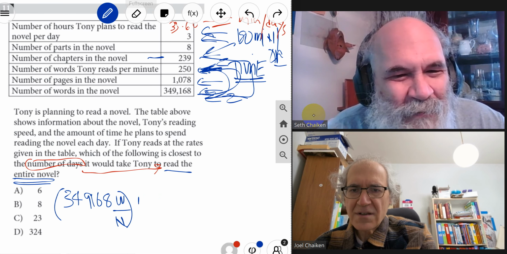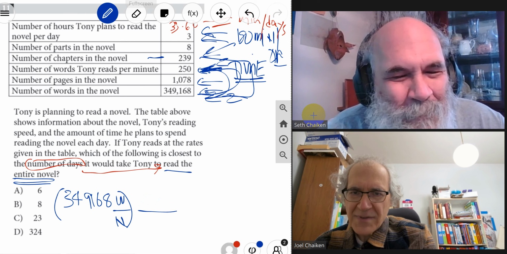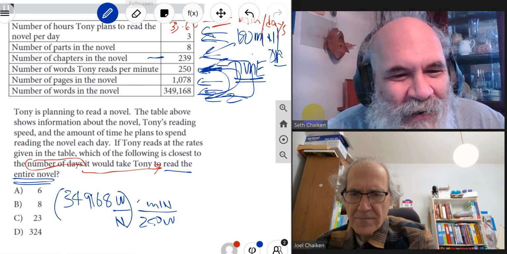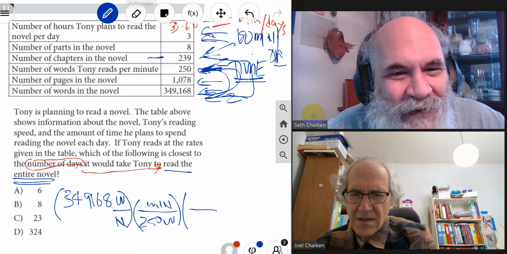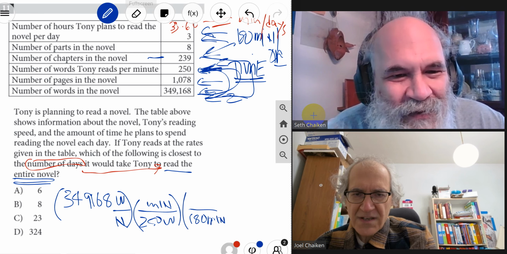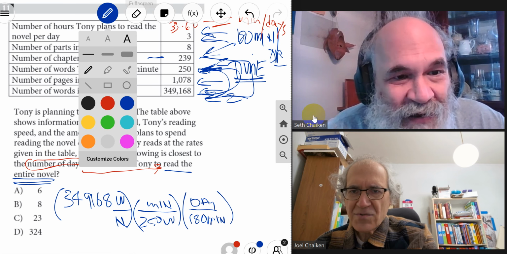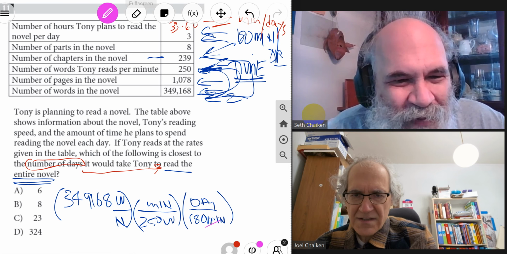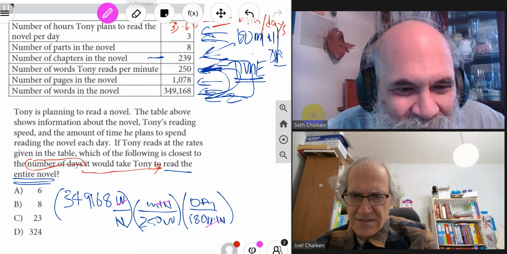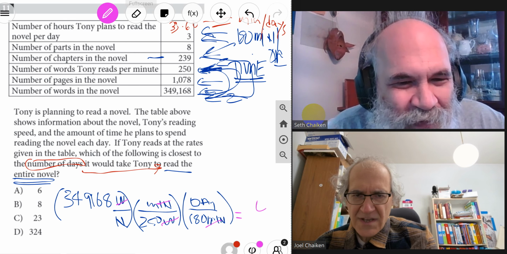Unit analysis, right? We need to divide. 250 words per minute. Now, there are 180 minutes per day. I'm letting the unit analysis actually help me. So then, using unit analysis, we cancel out the minutes, we cancel out the words, and we have days per novel.